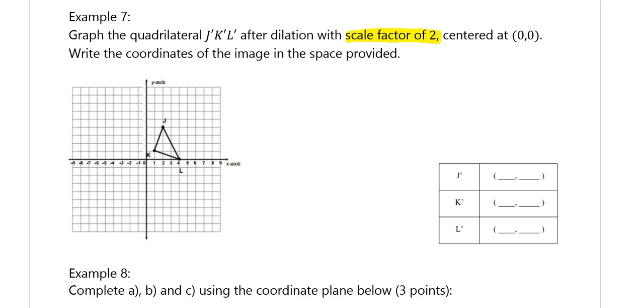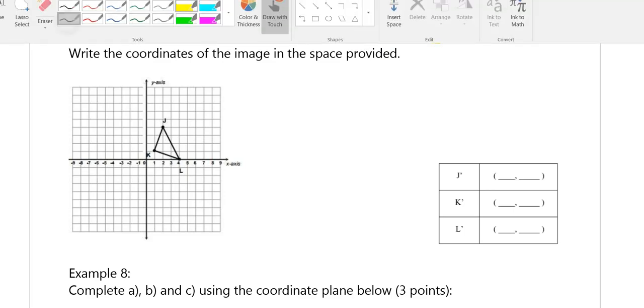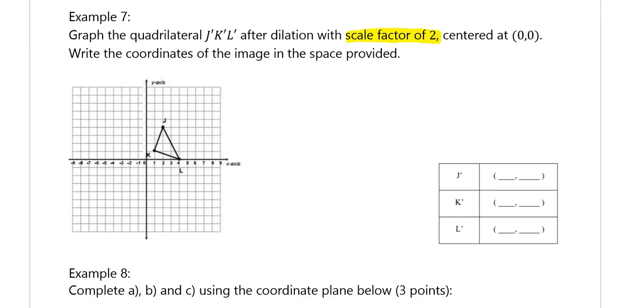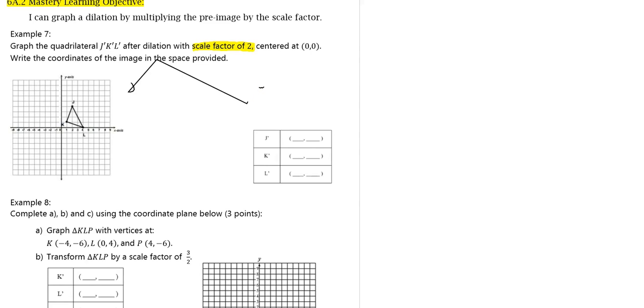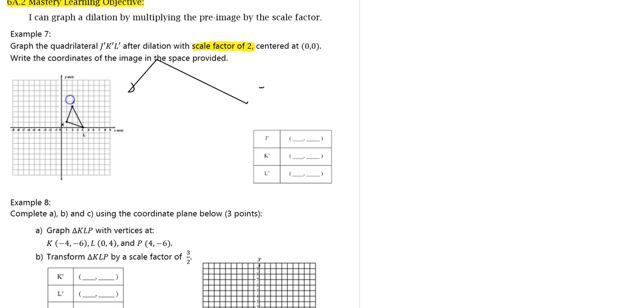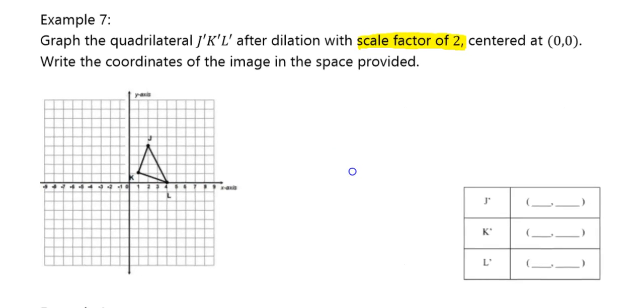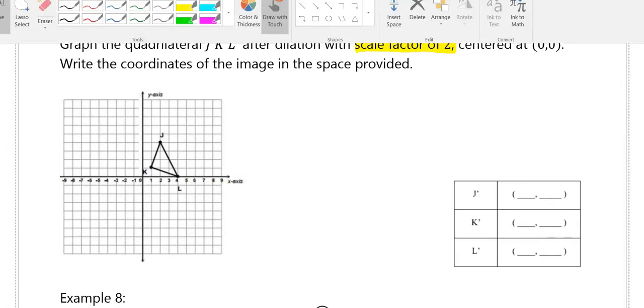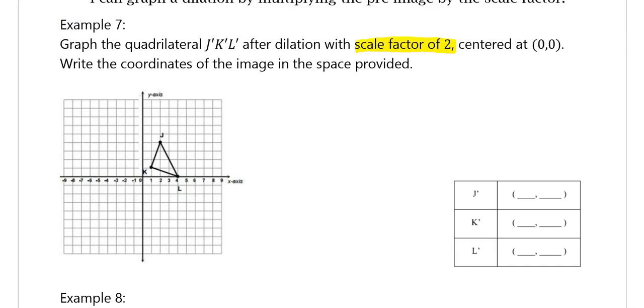So all I'm going to do is find my points. I'm going to start with J. And J is at 2, 4.